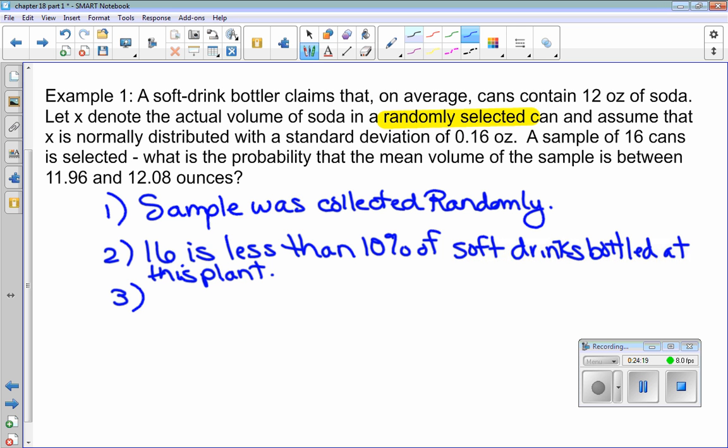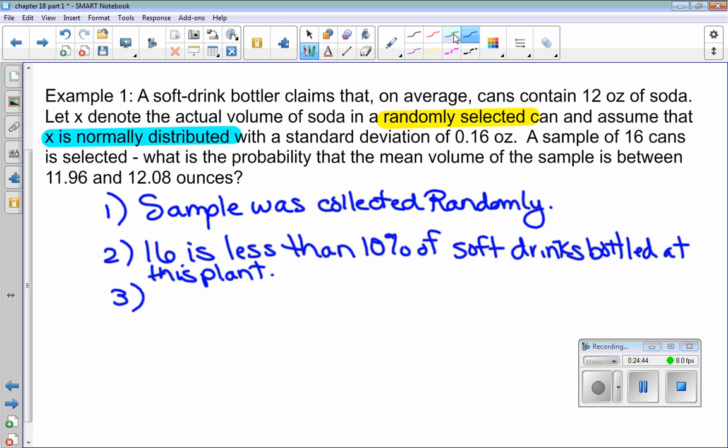All right, and then what's our third condition? Large enough. So one is the population already normally distributed. Does it say that in the problem? It does? Ooh, it does, doesn't it? It already says it. So guess what? I don't care what the sample size is, do I? Don't care.